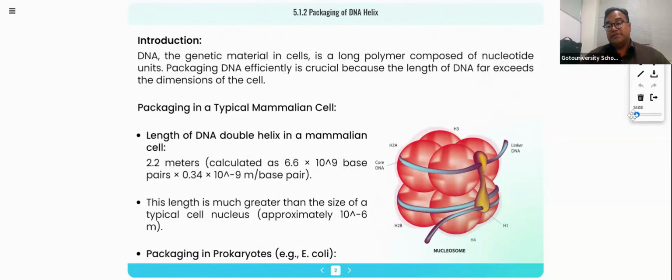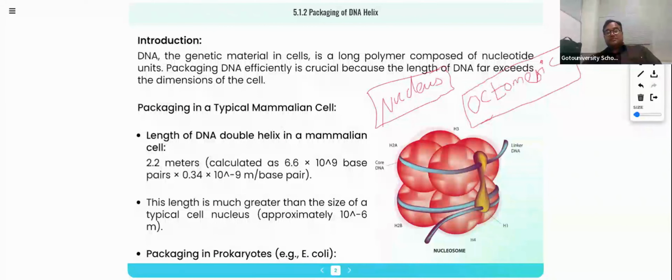Sometimes in the CBSE board exam they will ask about octameric protein: where do you observe it? In the case of histone and non-histone protein aggregates. They make the DNA get packed and arranged in a compact nucleus structure, with the help of histone and non-histone proteins.